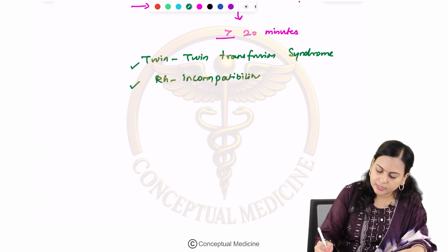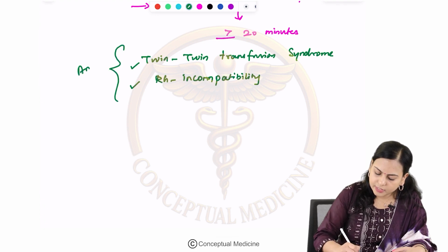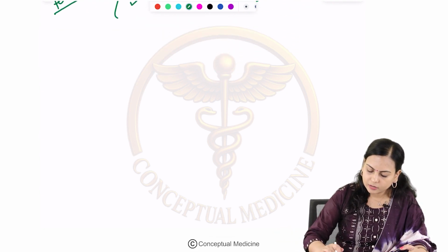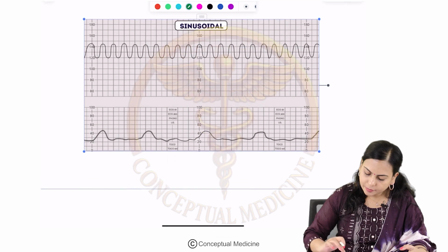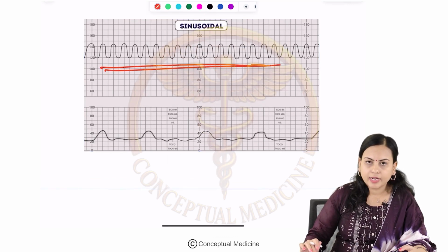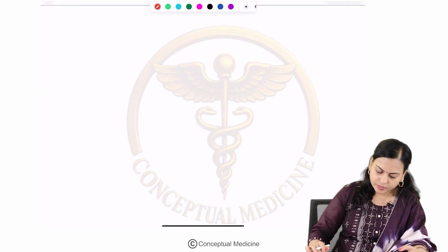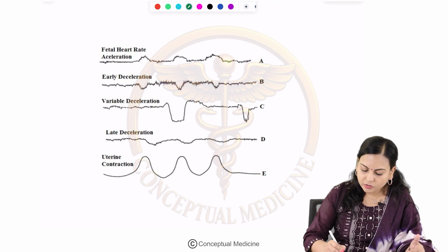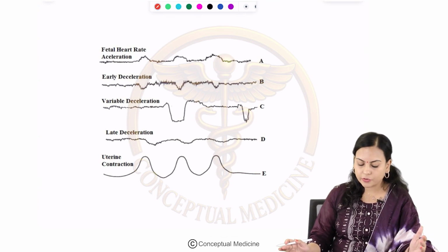Usually it is seen in cases of fetal anemia. It is taken as an indicator of fetal anemia. So this is an example of a sinusoidal wave pattern of NST seen. Yes. Once again I will come up with these terminologies and the pictorial representation so that it will be easy for you to understand.